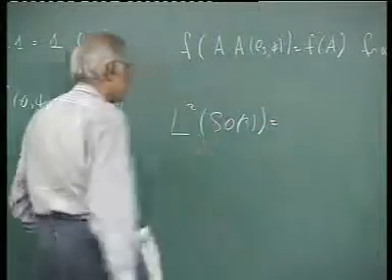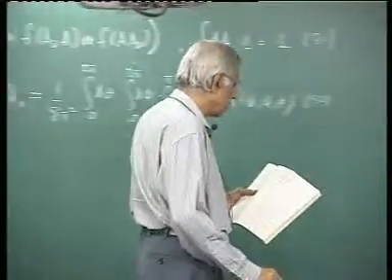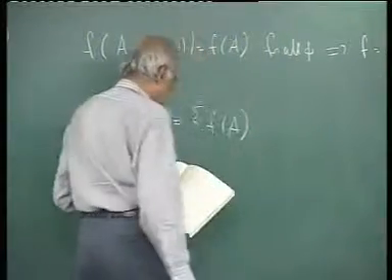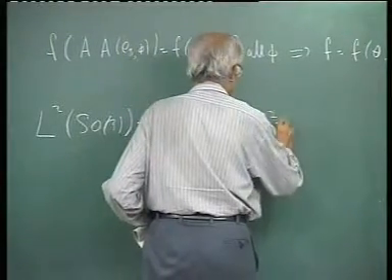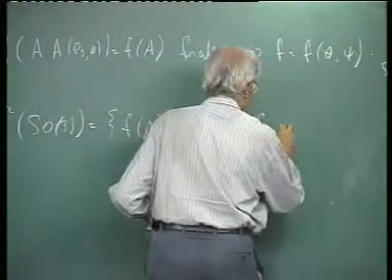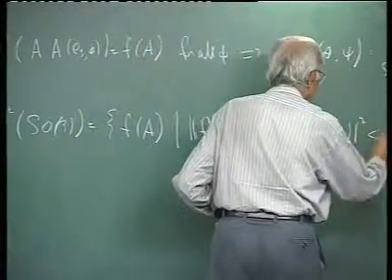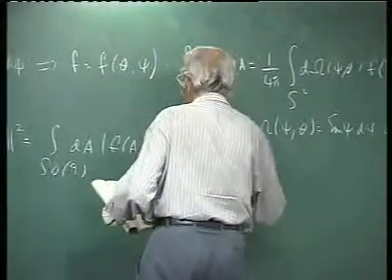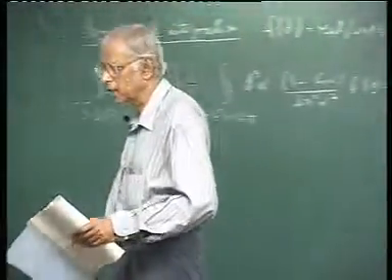notion of invariant integration. It is the Hilbert space of all square integrable functions over the group SO3, and I will define it here. It consists of complex valued functions for which the inner product of a function with itself in the Hilbert space sense is defined in this way, and our space L2 as the notation tells you consists of all functions which are square integrable over the group.